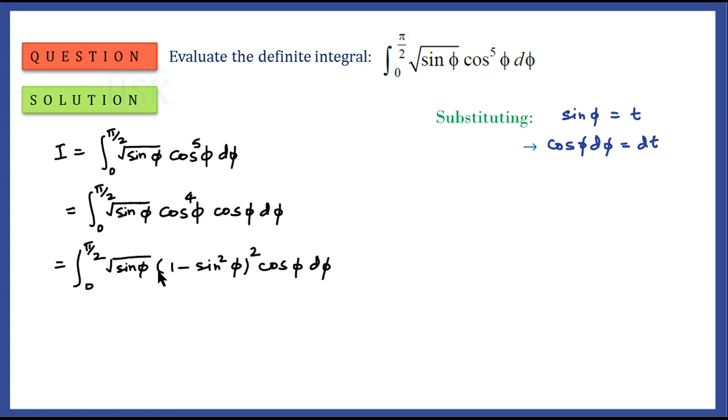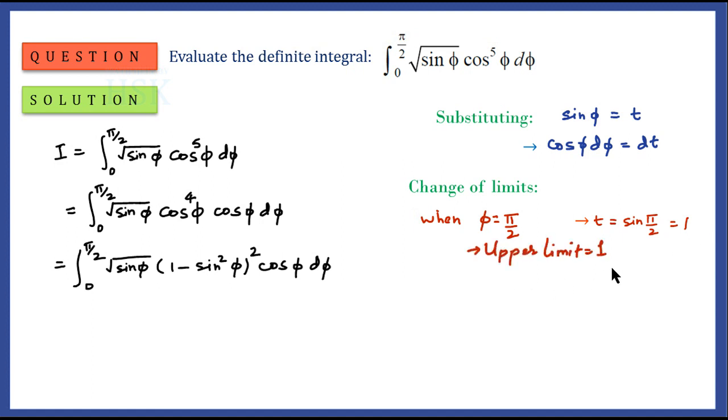So instead of all the sin phi, I can place t, and for cos phi d phi I am going to get dt. When I make substitution, the limits are also going to change. Because sin phi is equal to t, when phi is equal to pi by 2, then t is equal to sin pi by 2 or 1.